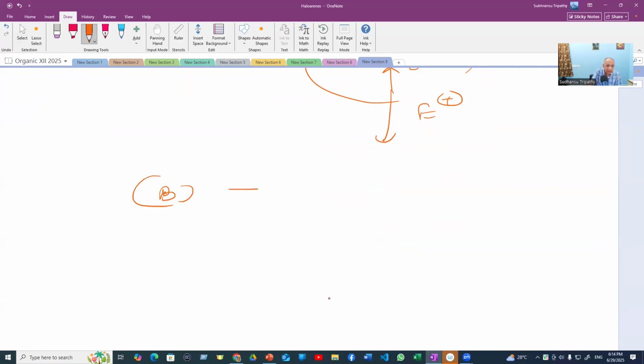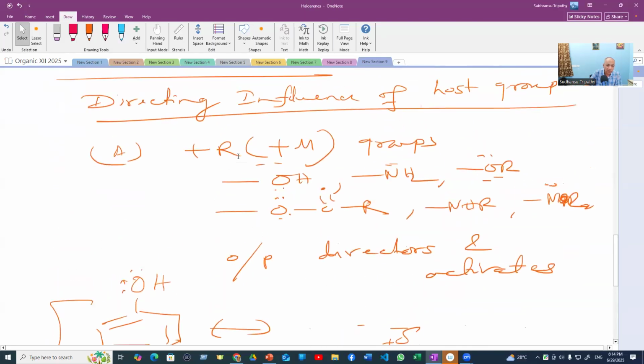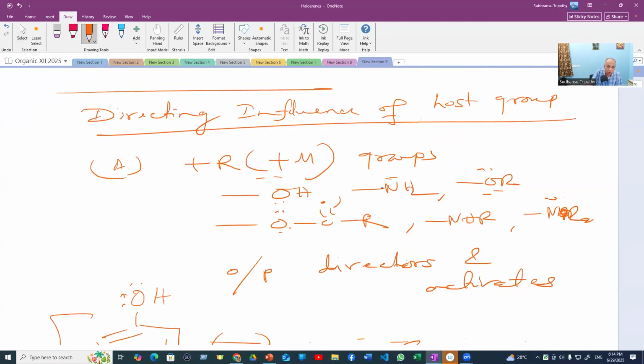Now coming to minus. This is not only the plus R or plus M groups, but also the plus I groups, which have a plus H effect, the hyperconjugation effect. So these are alkyl groups having at least one hydrogen atom.